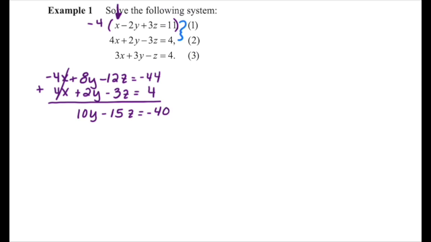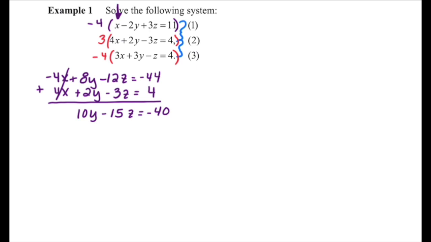All right, now I need another equation in 2 variables. This time I'm going to look at the last 2. I need to use 2 different equations in order to eliminate the variable. In this instance, I'm still going to eliminate x because I eliminated x out of the first 2. So looking at the second and the last, I'm going to multiply the top by 3 and the bottom by negative 4 so that they're a multiple. Their common value would be 12, one a positive and one a negative.